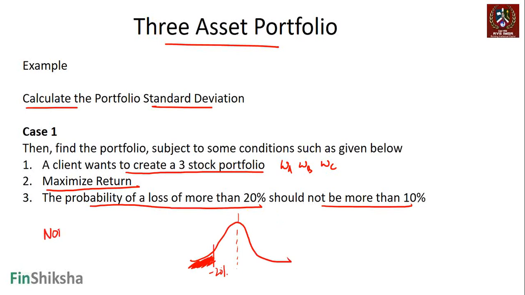I can find this using what we just discussed in our previous section, which is the norm dist function. I want to find out for minus 20% using the mean and the standard deviation and a cumulative function. That's what we are trying to solve for. So let's go to our Excel and create the contours of this particular program.